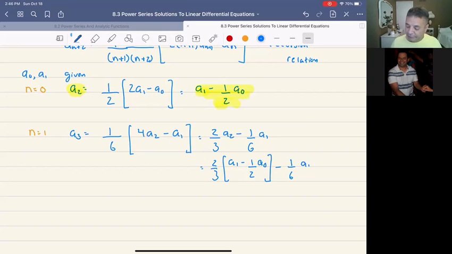So now, let's combine these. 2/3 minus 1/6 is 3/6, so that's 1/2. 1/2 a sub 1 minus 1/2 a sub 0. Okay, so that's a sub 3.